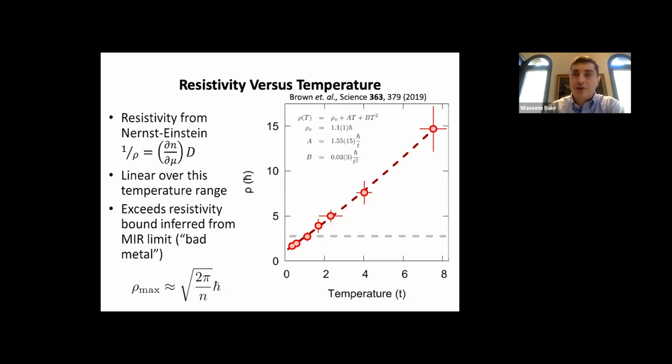Then this linear-in-temperature resistivity has to be coming from the diffusivity. Then there's the very high temperature regime where the diffusivity saturates and all the linear resistivity has to come from the compressibility, which is much better understood because that's purely thermodynamics, and you do expect linear resistivity there. And there's an intermediate regime where both quantities are varying, as you saw in our experiment.